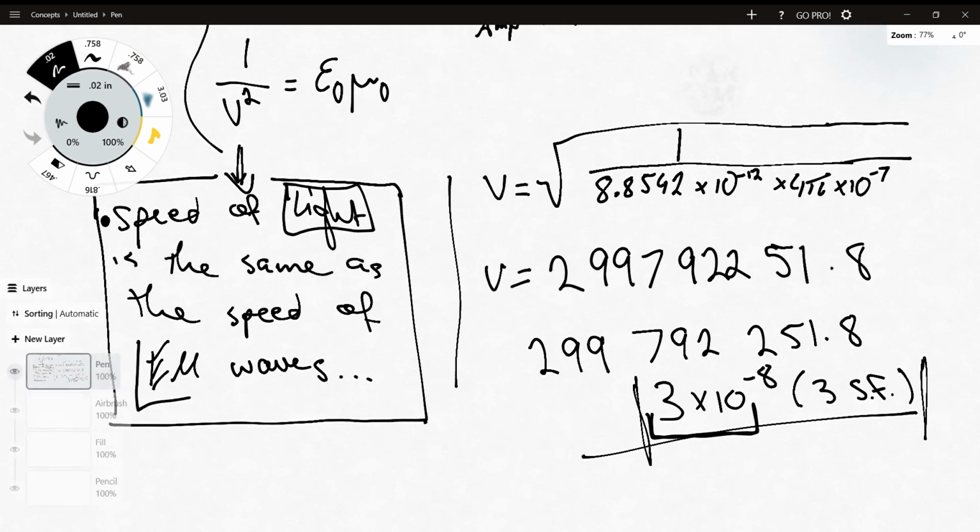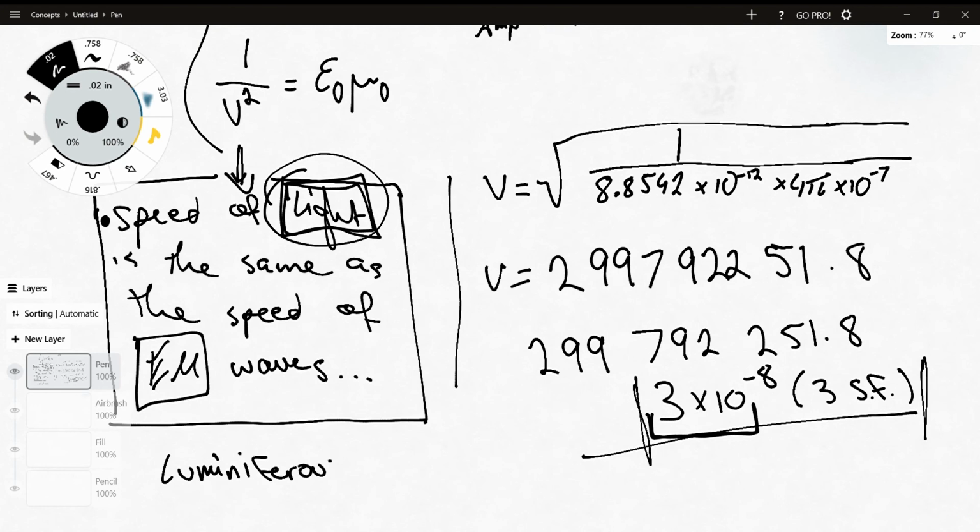And electromagnetic waves are such that they don't need a medium to travel through, much like light. And remember, up until this point, nobody knew how light traveled. Nobody knew how light traveled through the vacuum of space. They thought that there was something called a luminiferous, hope I've spelled that right, aether.